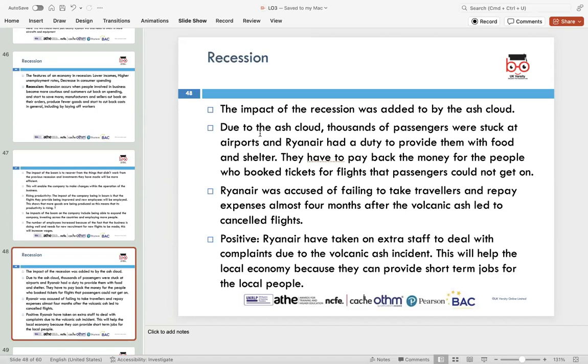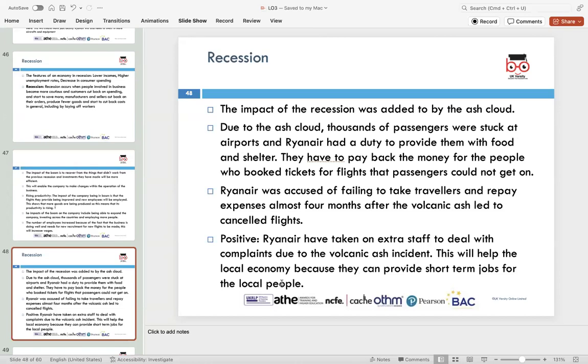It has been over 4 months since the volcanic ash caused Ryanair to cancel flights, and the airline has been accused of not taking passengers and not paying for their expenses. Ryanair has taken on extra staff to deal with the complaints due to the volcanic ash incident.